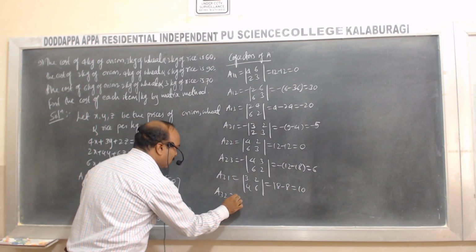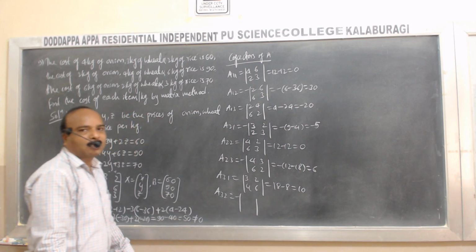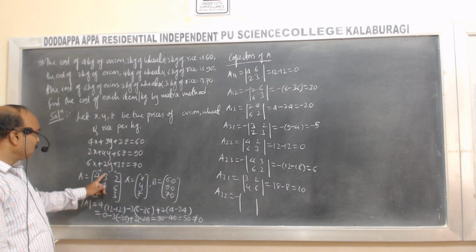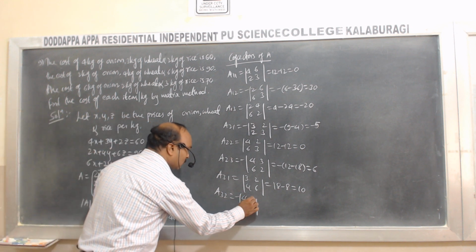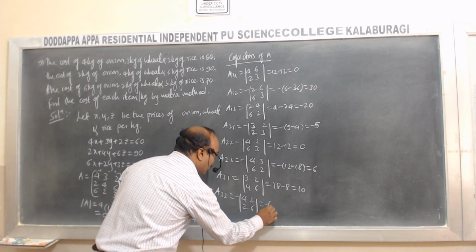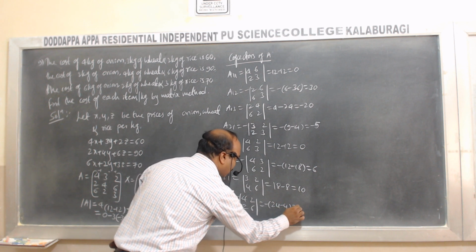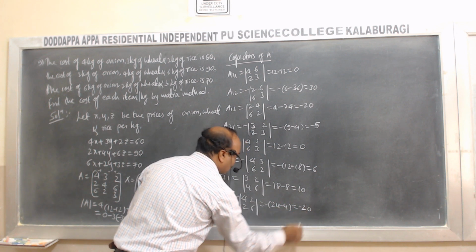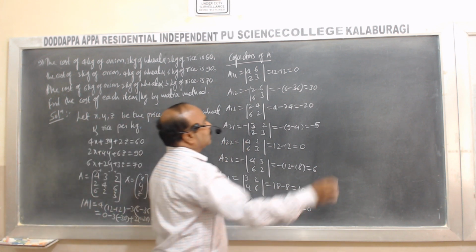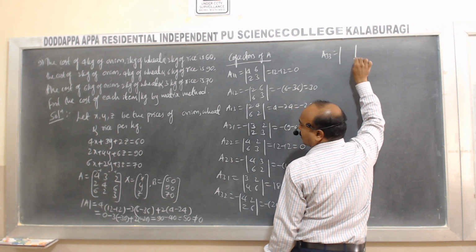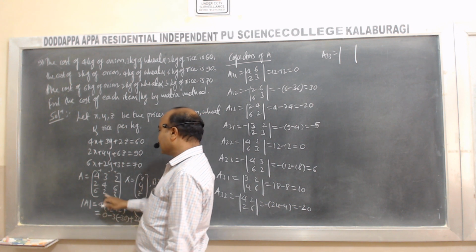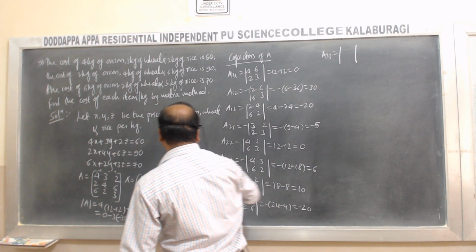Next A32, minus of the determinant, deleting this column and this row, you get 4, 2, 2, 6. So it is minus of 24 minus 4, it is minus 20. Next A33 element, it is determinant of deleting this column and this row, you get 4, 3, 2, 4.